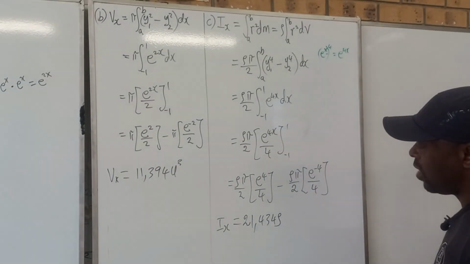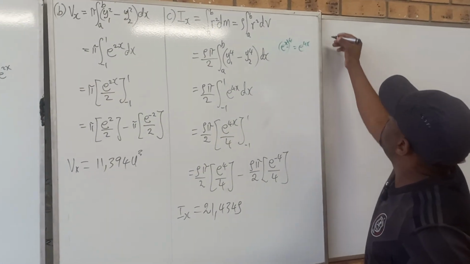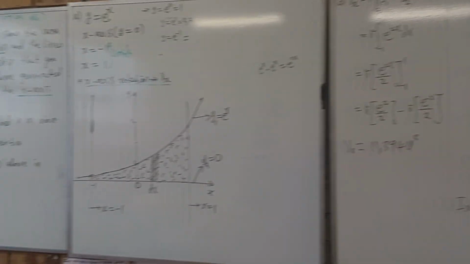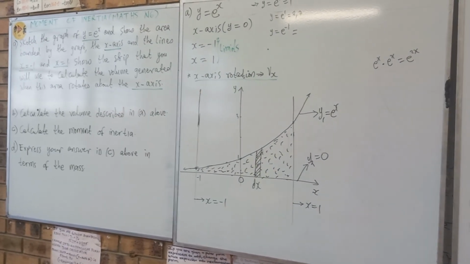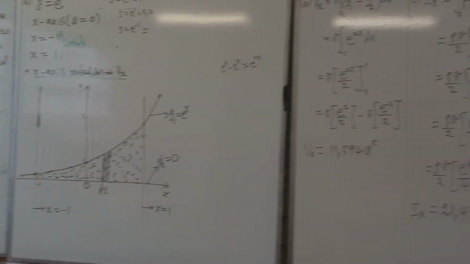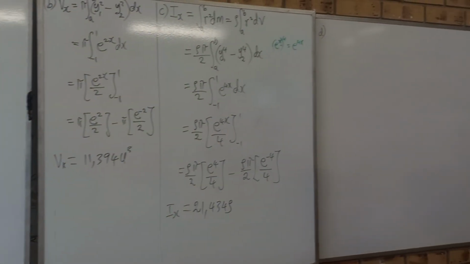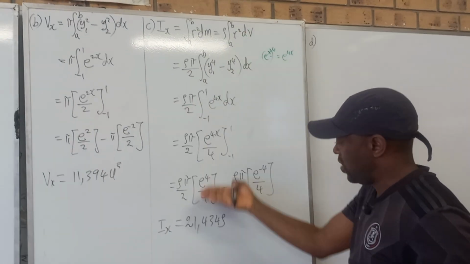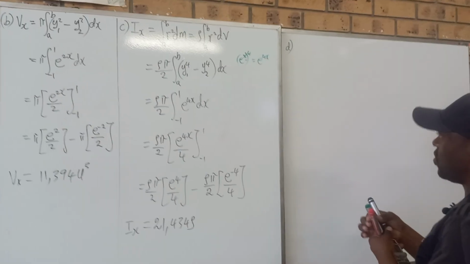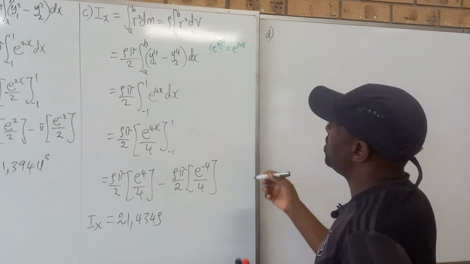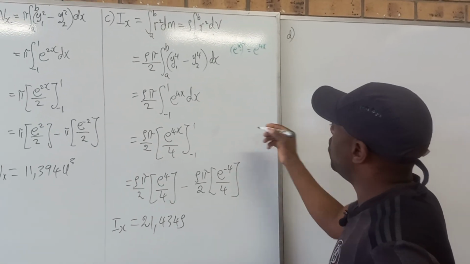So we can now move to the last part, the D part, which says we need our answer. Express your answer in C above in terms of the mass. So to express your answer in C above, C was calculating moment of inertia. What usually guides us is the relationship between mass, density, and volume.